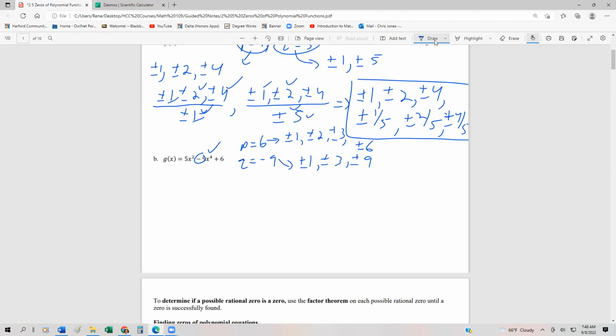And so what we're going to do is divide all of these out. We're going to take all the p divided by q. So let's start with 1, 2, 3, and 6 and divide it by 1. Well, that just gives us plus minus 1, plus minus 2, plus minus 3, plus minus 6. Okay, so that takes care of 1. Now we're going to take 2 and divide it by all 3 of the factors of q.